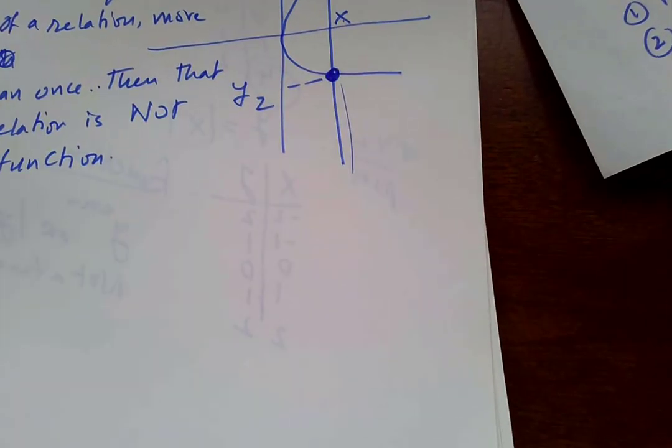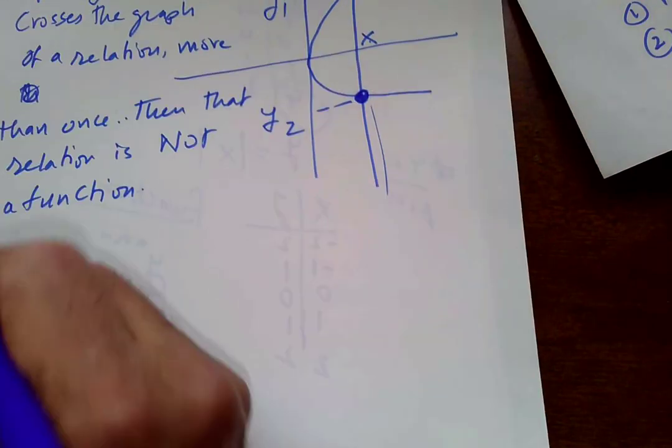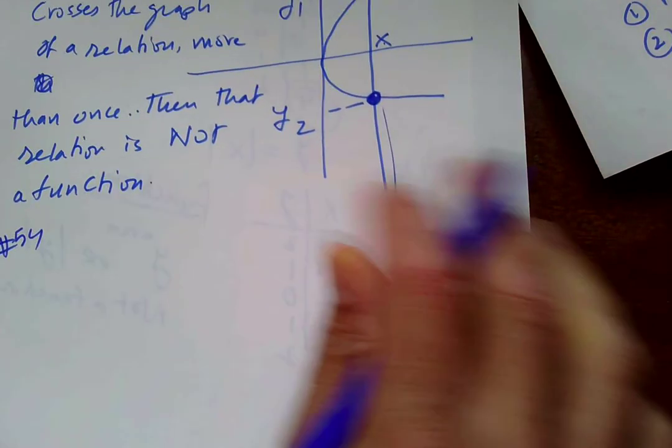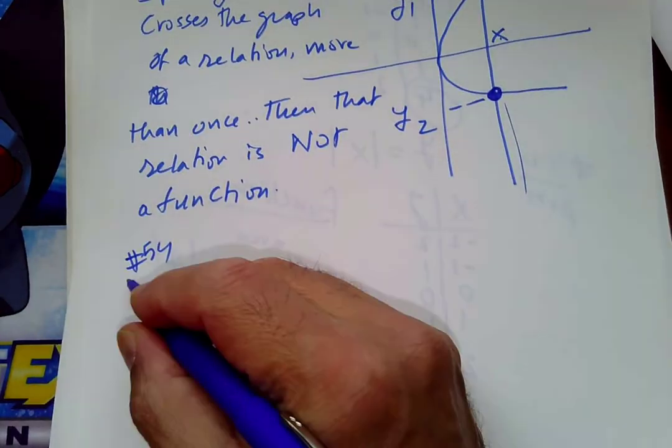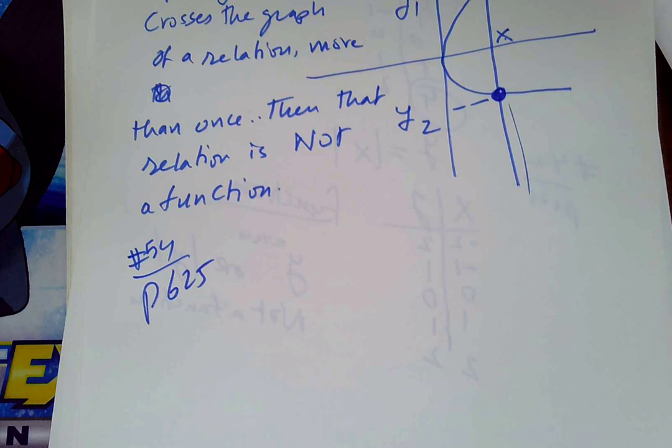So if you look at 54, page 625. Let's see what's in 54, page 625.